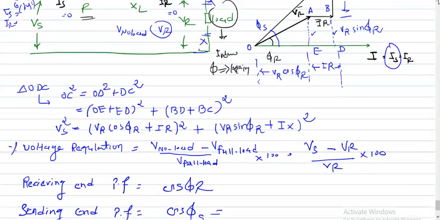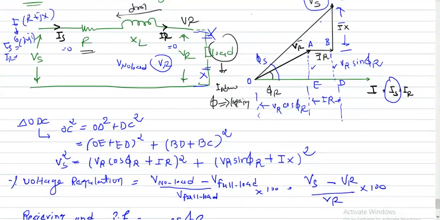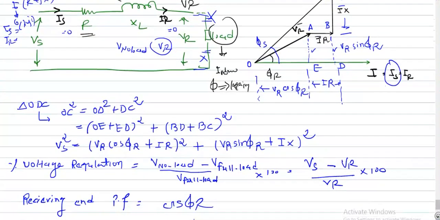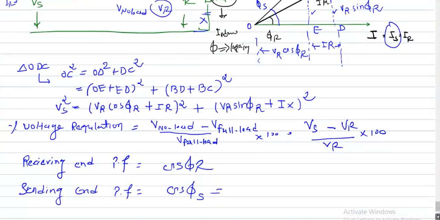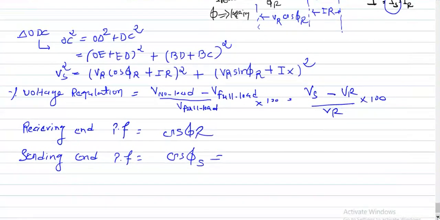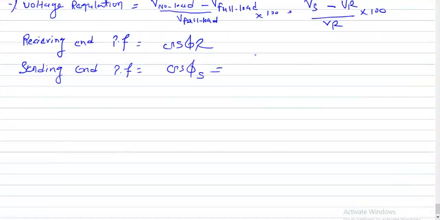If I consider this bigger triangle, and this is phi s, it is this value divided by this value. So cos phi s is basically OD divided by OC, using trigonometry.